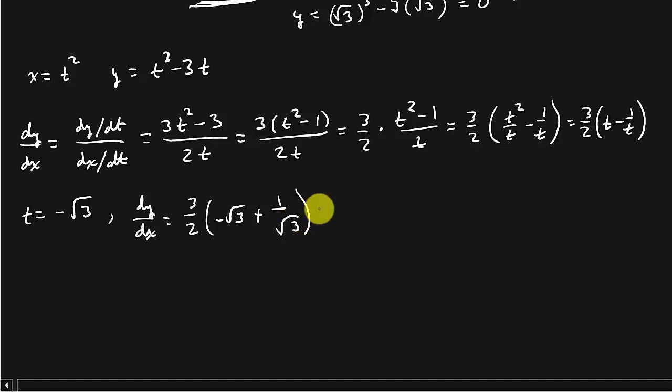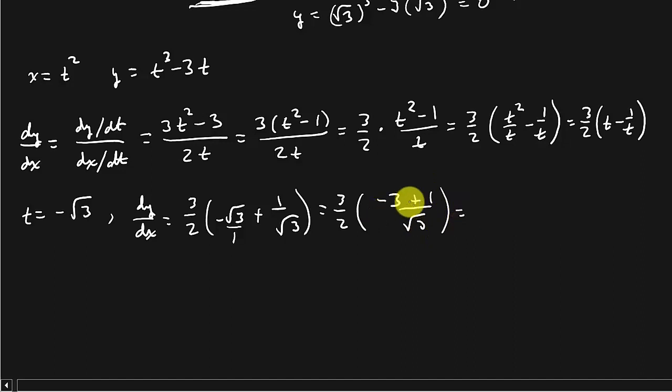All right, so now we have 3/2 times, and when I get a common denominator, that's negative 3 over square root of 3, plus 1 over the square root of 3.